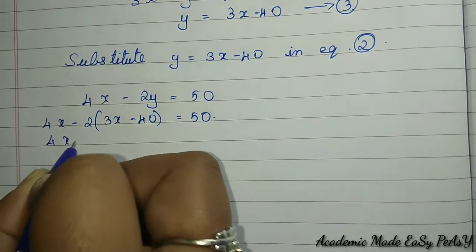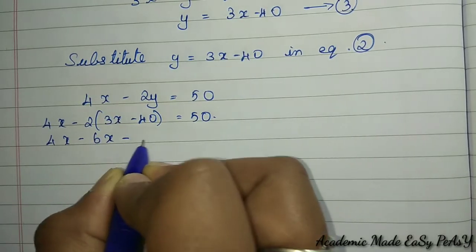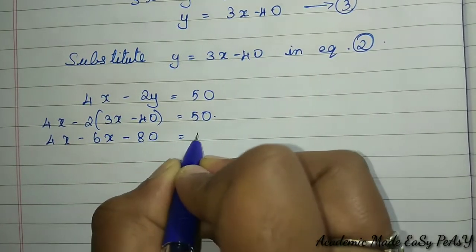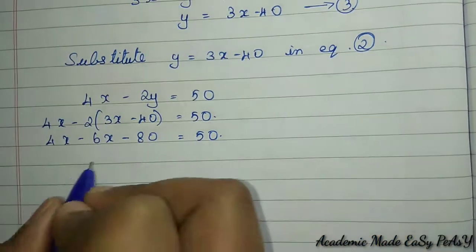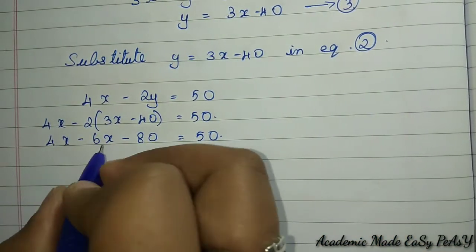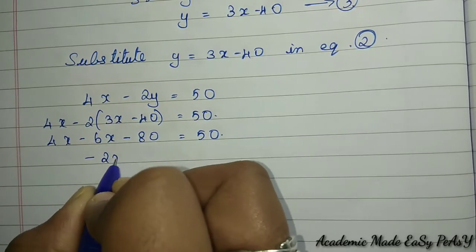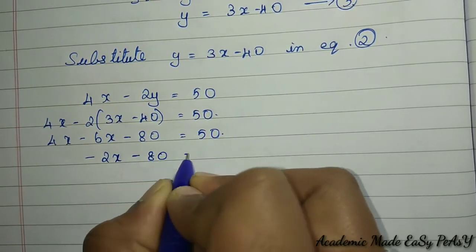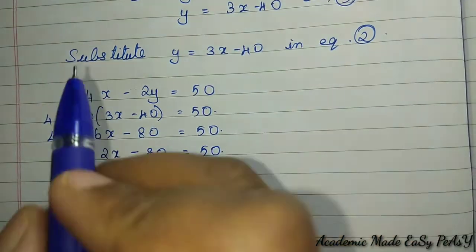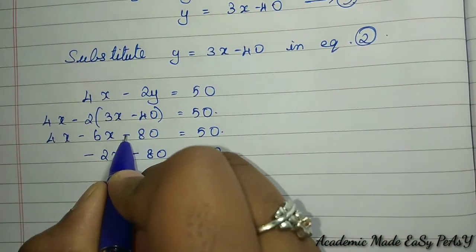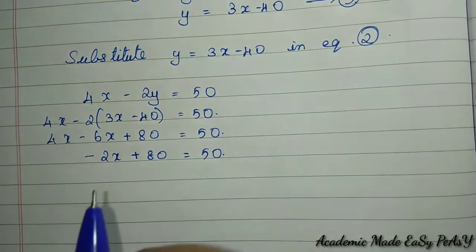So 4x minus 6x plus 80 is equal to 50. Okay, so now 4x minus 6x is minus 2x, plus 80 is equal to 50. Minus into minus is plus, so this will be plus only.